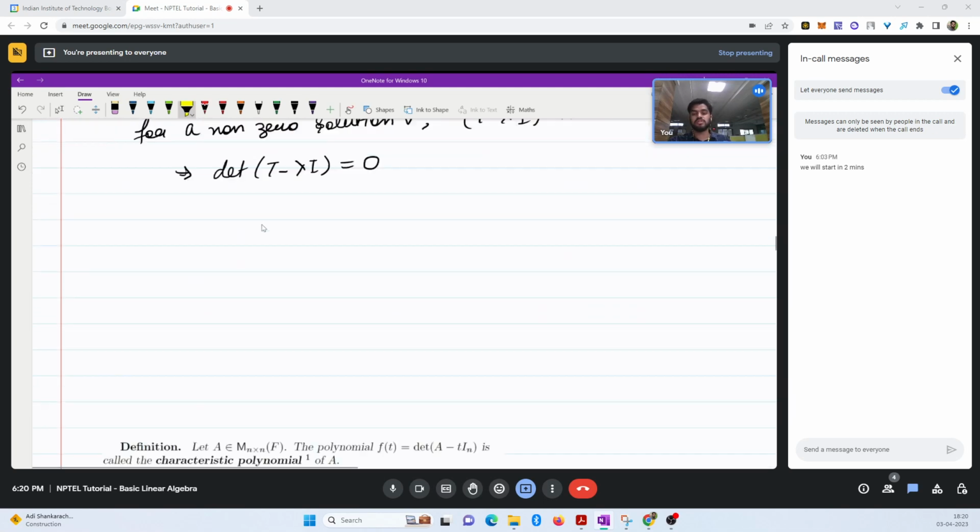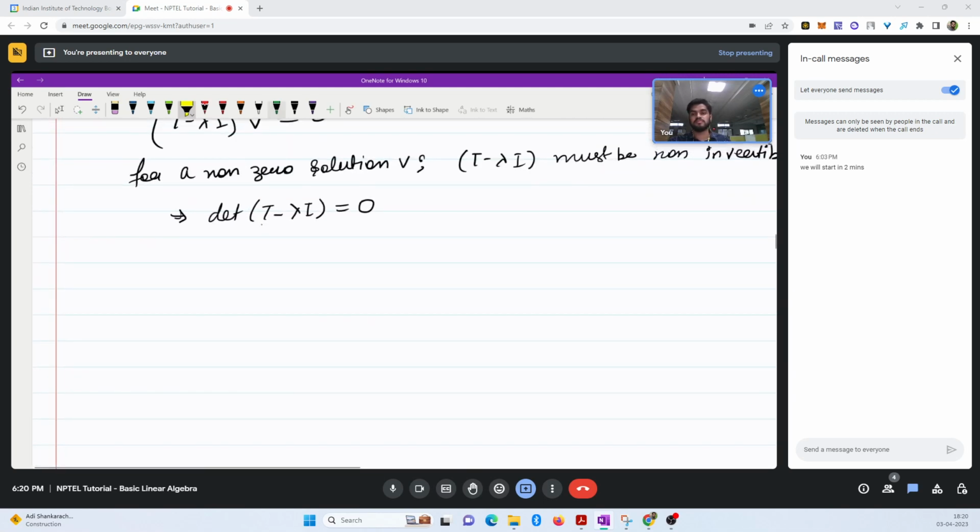Also, to mention, the determinant of T minus lambda I is equal to 0. If you look at the left hand part of this equation, this is a polynomial.